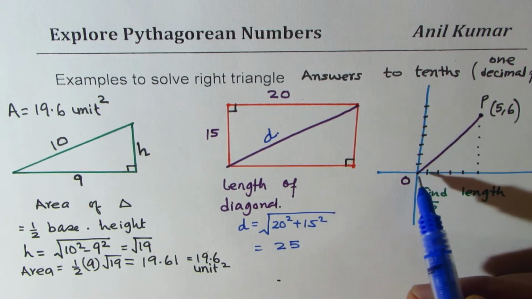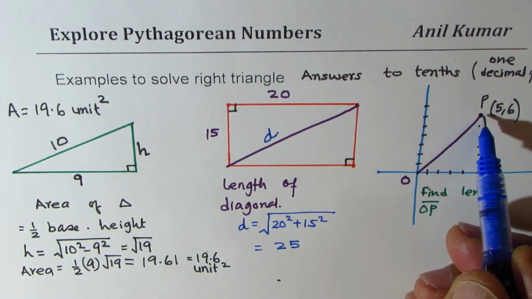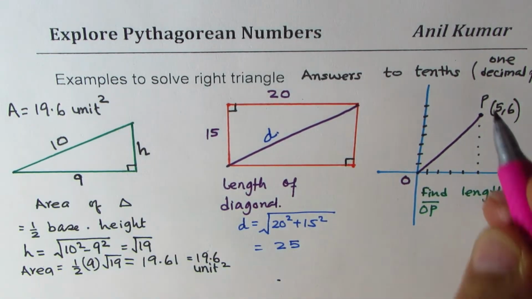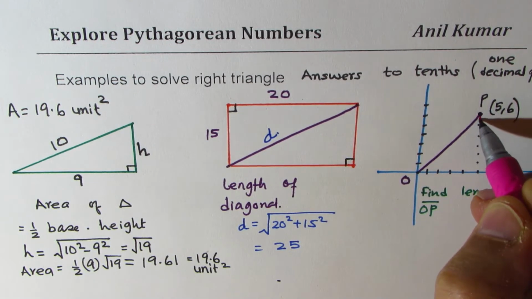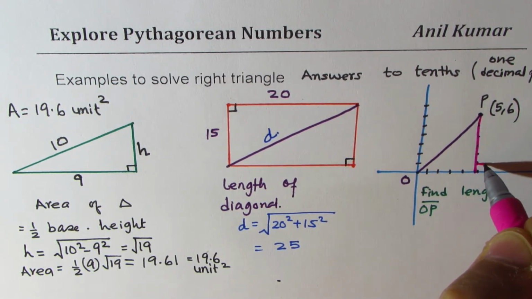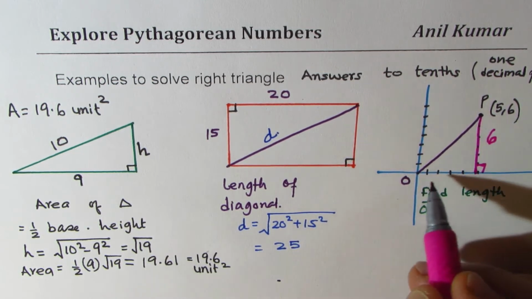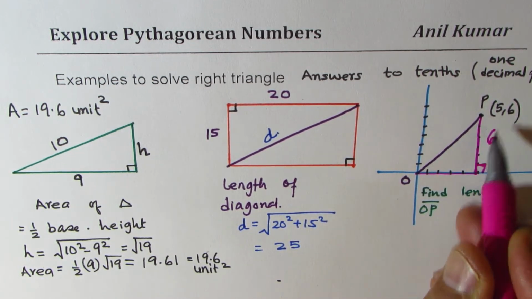To find the length OP, it is also like a diagonal, or the hypotenuse of a triangle. How do you get the triangle in this case? From P, if I drop a perpendicular, then the height of this perpendicular is the y value 6, and this is the x value 5.